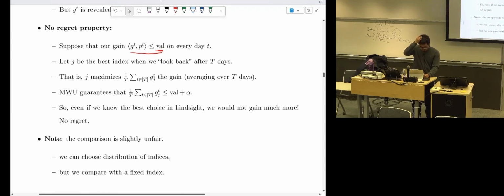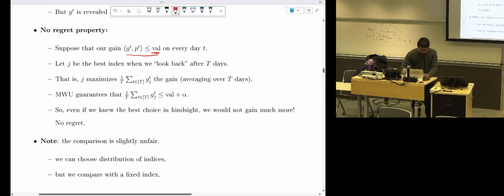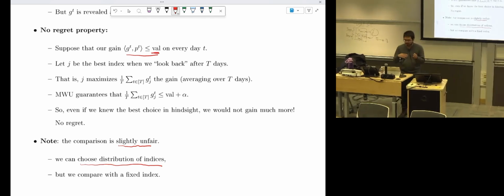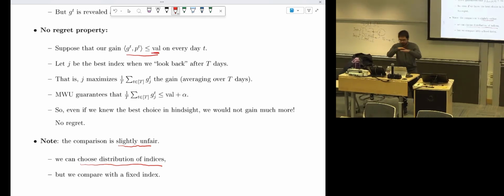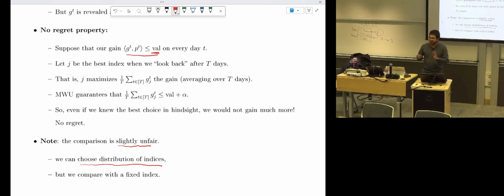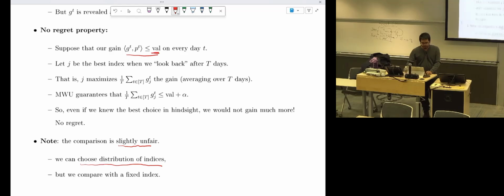By the way, note that the comparison is slightly unfair. Why? Because we can choose a distribution over indices, and we can change this on every day, but we compare ourselves with just one fixed index. But anyway, this is an interpretation.